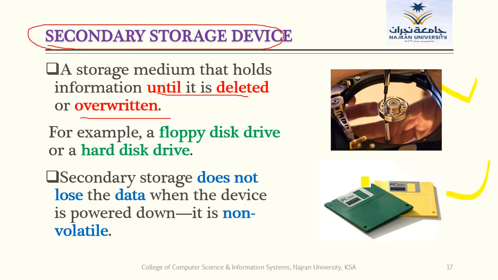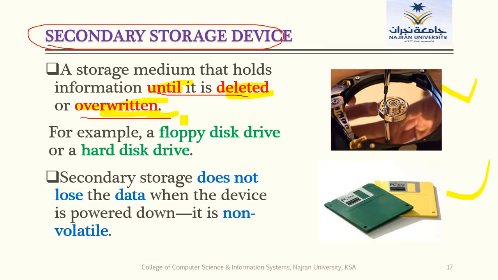Currently we are also using flash drives, DVDs, and CDs. In these mediums, the data that we store will be stored permanently until we delete that data or overwrite it.